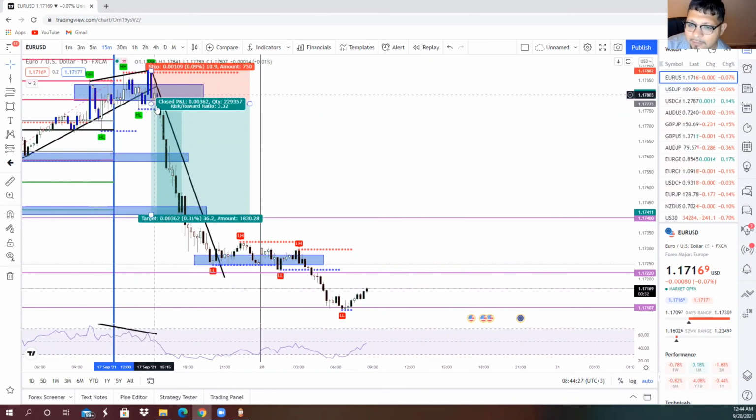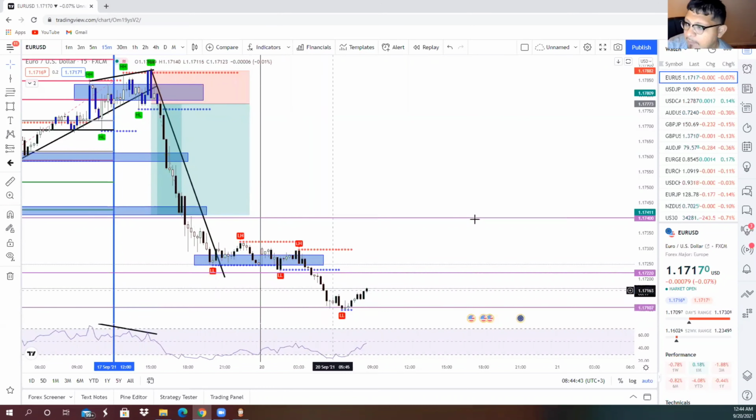Even over here, take the trade down here. The target was a 36 pip trade for a 10 pip stop loss. That's like 1 to 3.5 or something, right? Beautiful trade. Let's go ahead and go over the one that I actually did call.